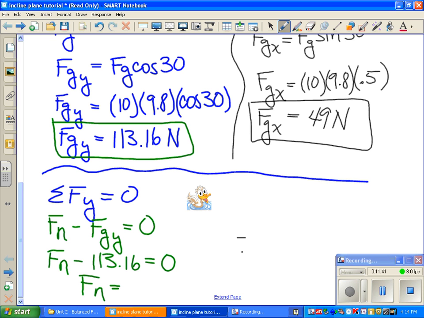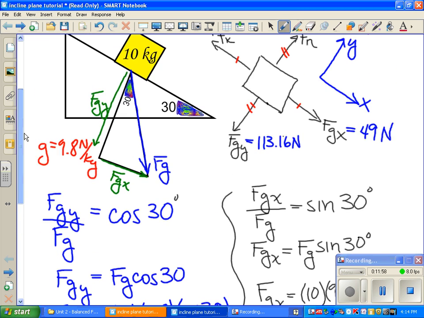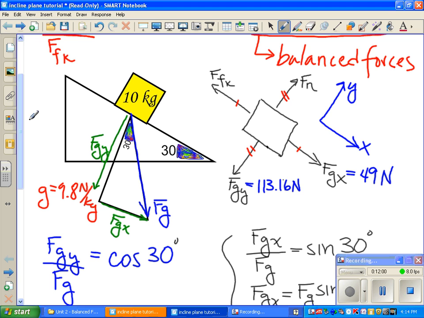Yes, you're right. He did that without his calculator too. Can you do that with your calculator? Can you beat a duck? All right, so we got the y, so we now know the normal force. If we really want, we can go back up here and cross stuff off the list and say the normal force, you're 113.16, congratulations, go find yourself a cookie.